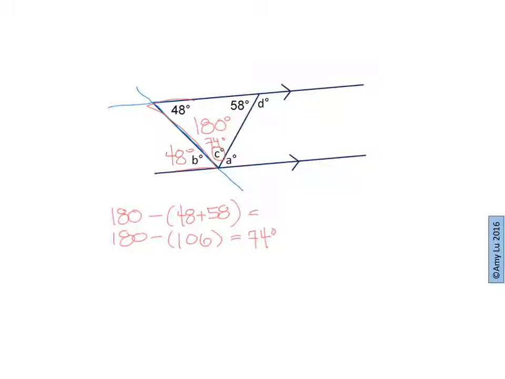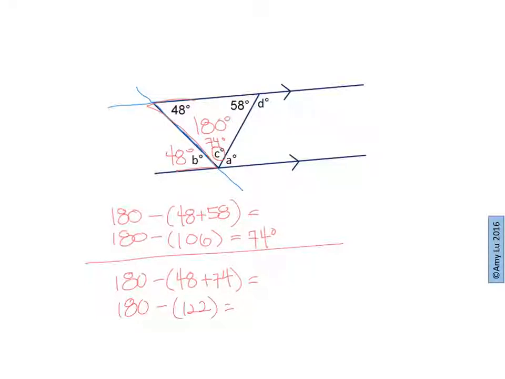Now finally, I think I can go for A because I see a straight line here. And I have one part of it, I have the second part of it, now I just need the third part. So here's what I'm going to do. I'm going to take 180 degrees and I'm going to subtract whatever 48 plus 74 add up to, because 48 is B and 74 is C. 48 plus 74 add up to 122.